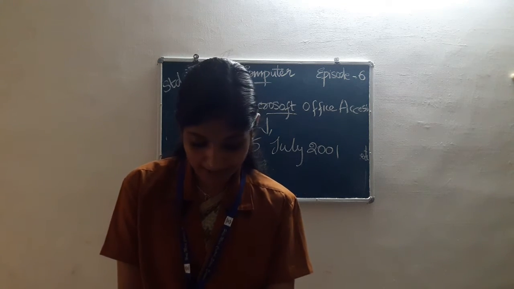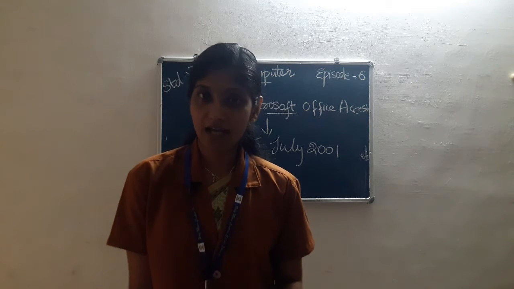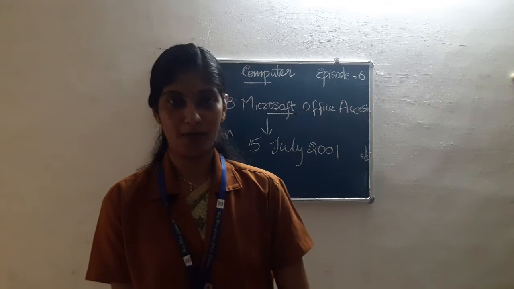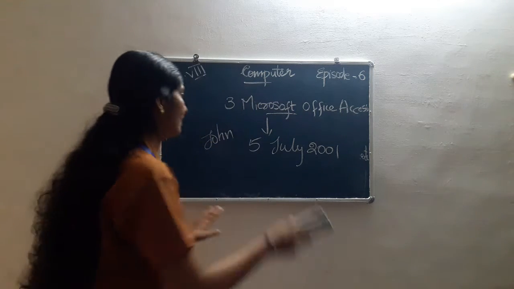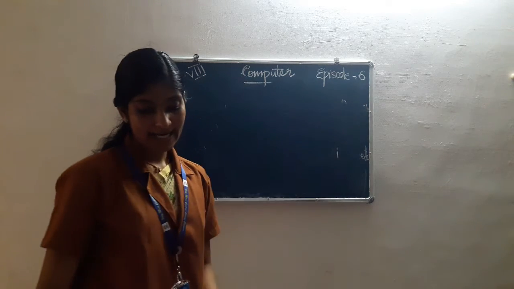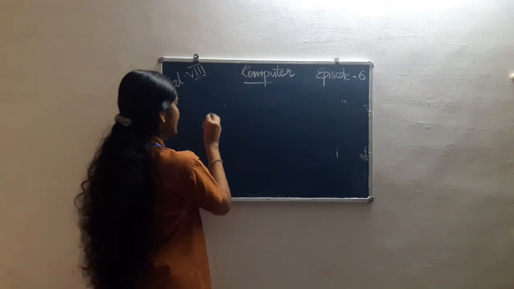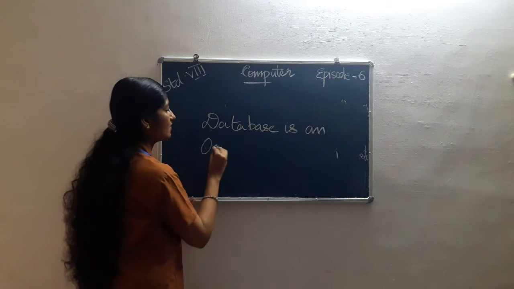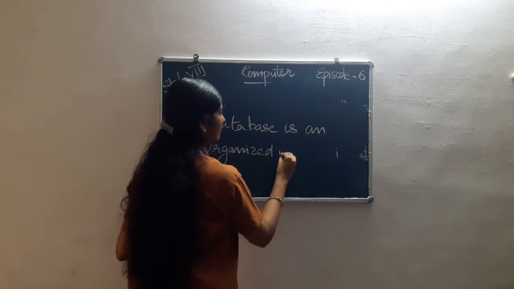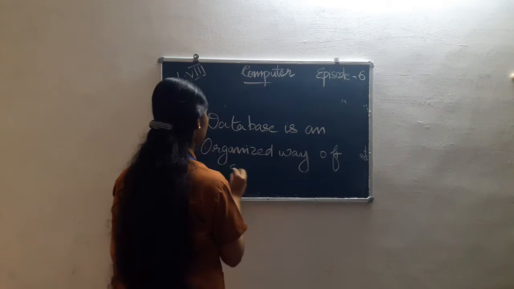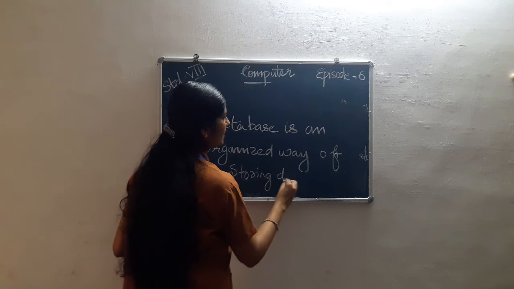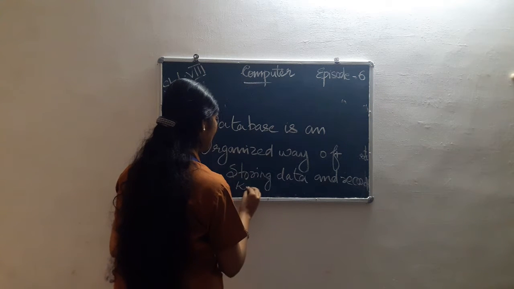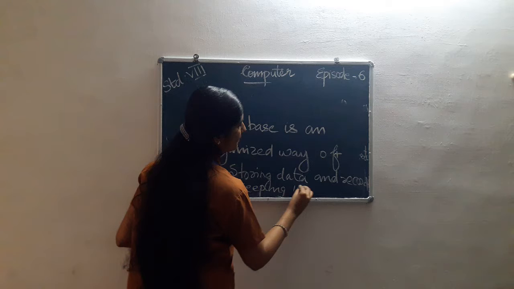So the definition of a database: a database is an organized way of storing data and record keeping in a computer.